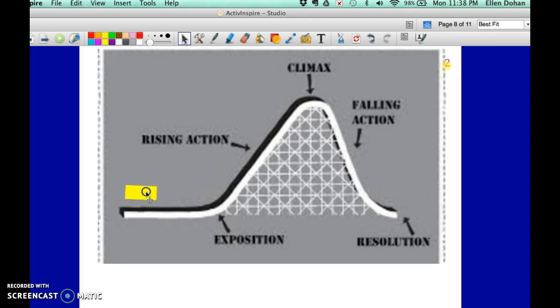Let's pretend you are in this car starting the roller coaster. First, we're just getting to know what the roller coaster is like. We see that it's going to go up. We might see some trees in the background. We're just getting introduced to the people and the scenery.